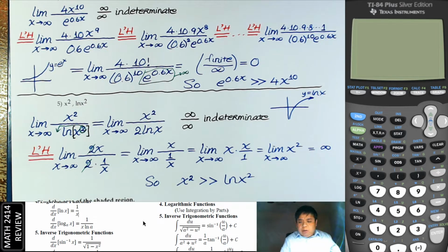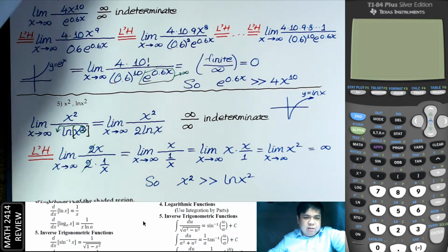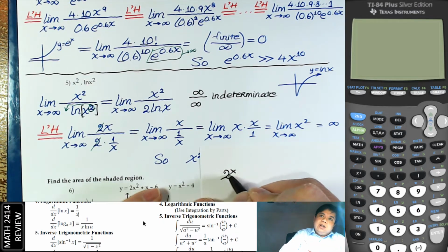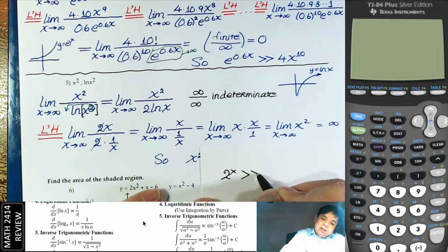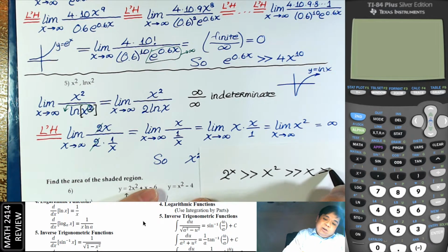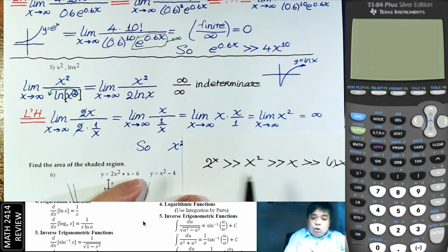So in general, all things being equal, let's just say the power of 2, for example. The 2 to the x will go faster than x to the 2, and will go faster than, of course, any power less than that, and that go faster than ln of x. Of course, there extend to more detail.